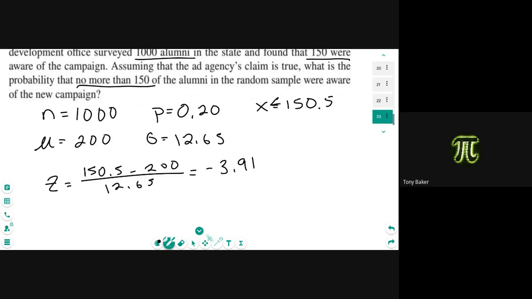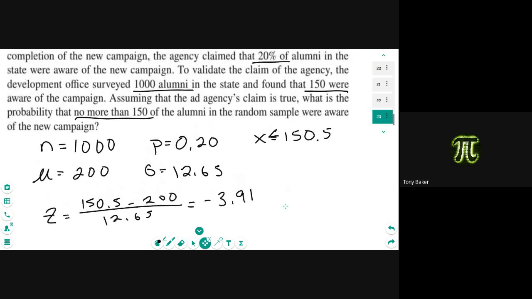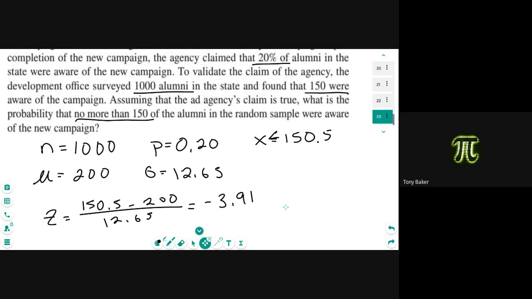All right, so are they telling the truth? That 20% of the alumni in the state were aware of the campaign? Negative. It's not because it's negative.